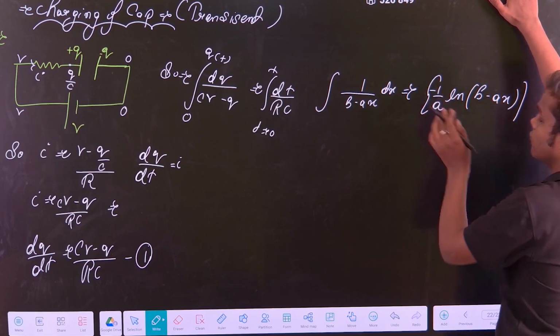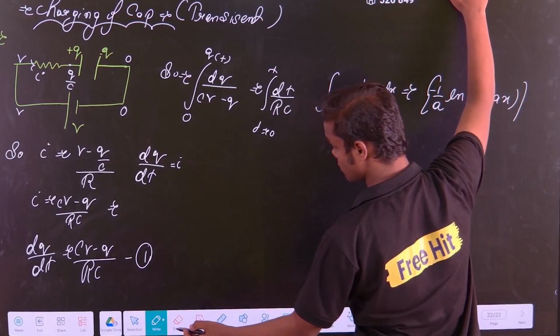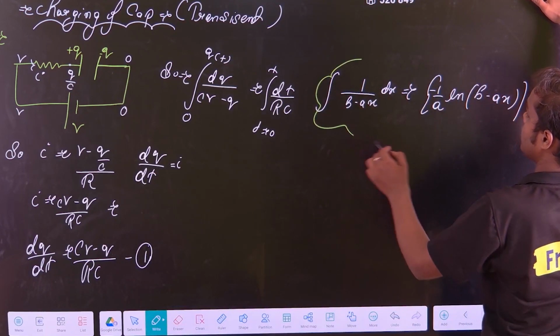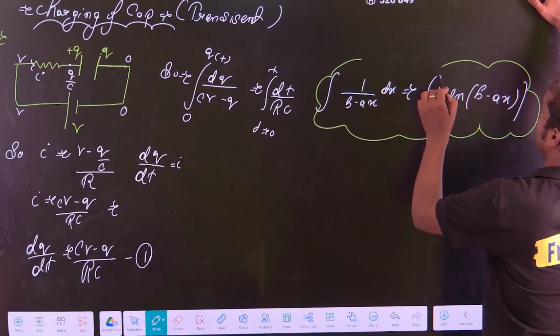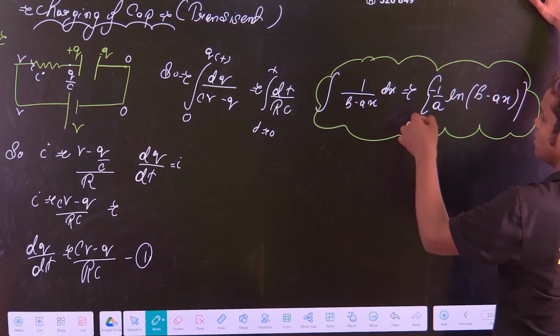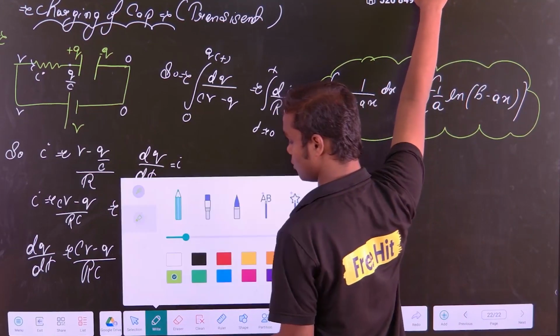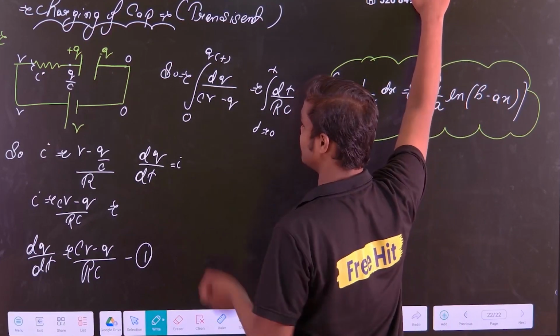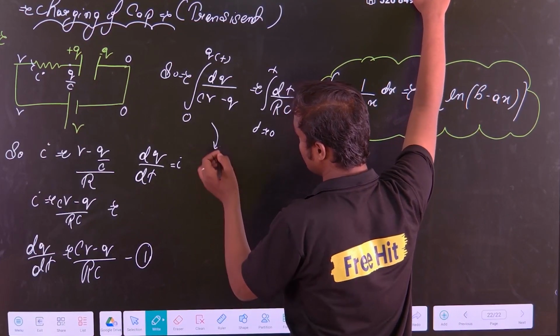You just remember this. That is very important for NEET students, because JEE students I think know this formula, but I am telling it for them also, because there are a lot of students in JEE who don't know about this integration.